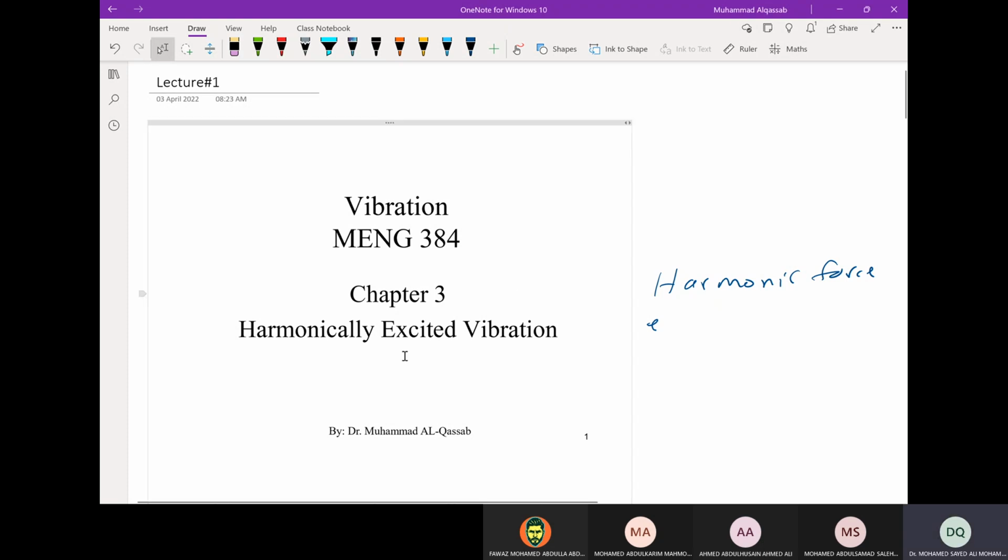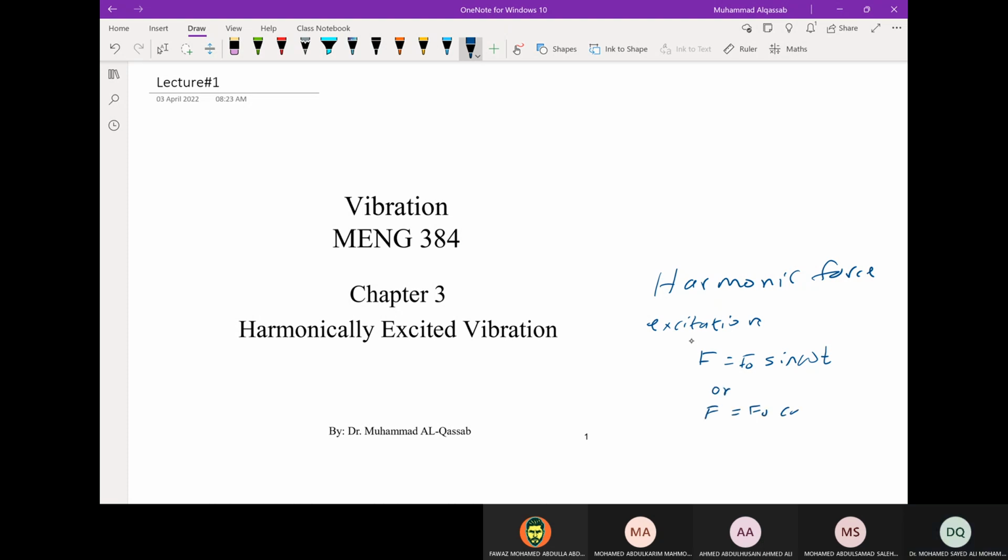So harmonic excitation. The type of force is called harmonic force excitation. It is going to be given as F equal to F naught sine omega t, or F equal to F naught cosine omega t.